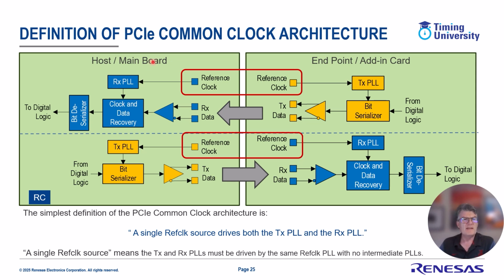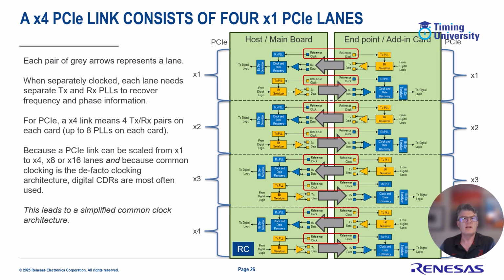So if we take this by one interface and we expand it to a by four, we can see that it starts to look rather complex from a clocking perspective, where we still have the red box around each of the receiver transmitter pairs that clocks, and we have the gray arrows showing the data flow.